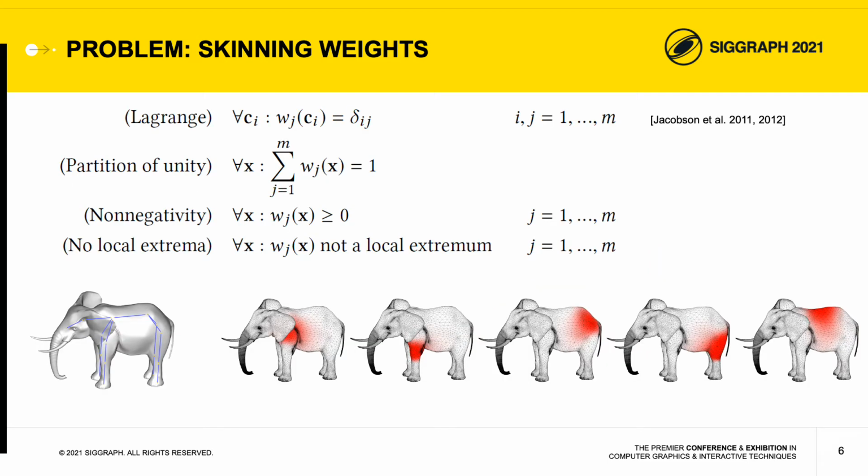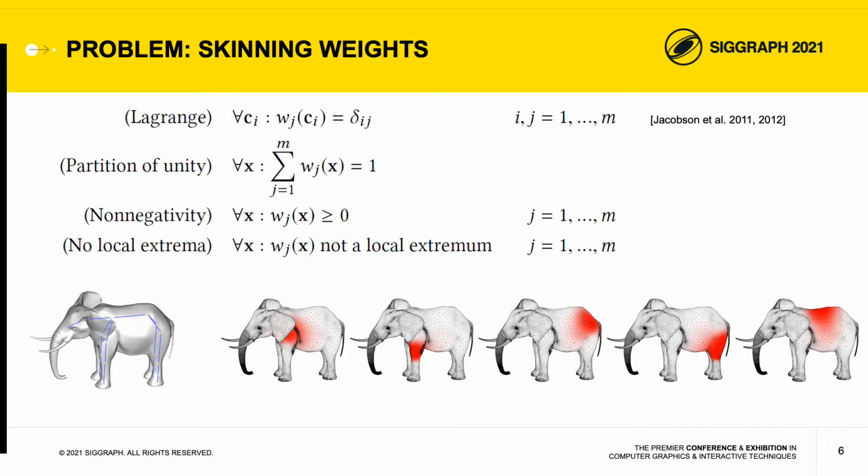So, what makes a good set of skinning weights? As shown in previous work, some properties are desired for skinning weights. It includes the Lagrange property, which says that the bone's weight should be 1 at the bone and 0 at other bones. And we would like the weight functions to sum to 1 everywhere.